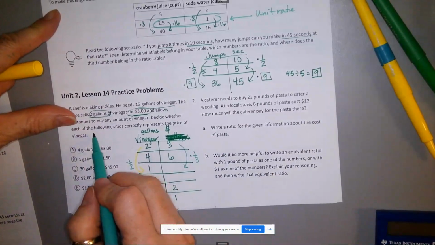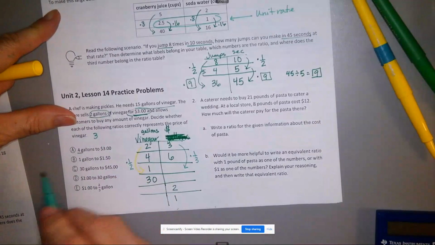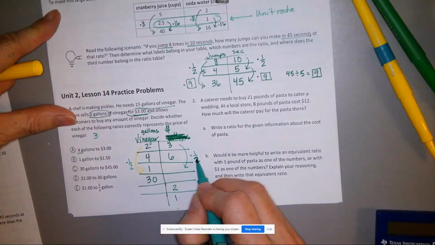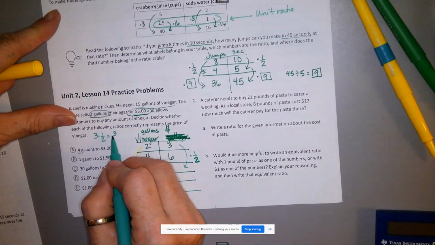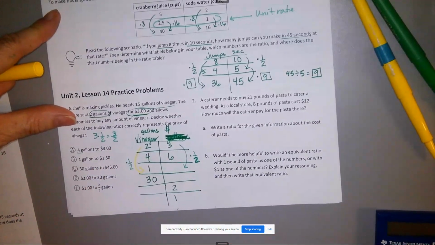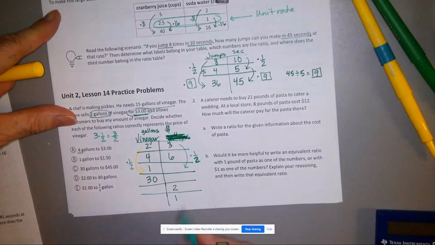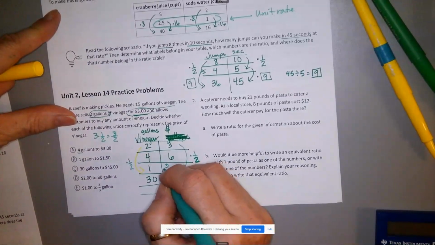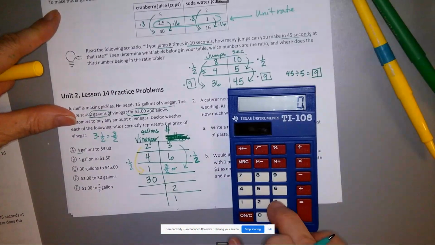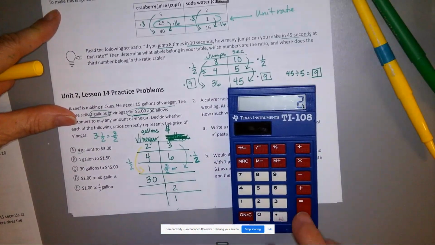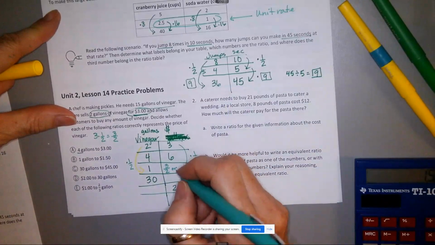I'll do this right here, right? 3. Check my writing, I wrote it wrong. 3 times 1/2 is 3 over 2. I could leave it as a fraction, or I could write it as a decimal. 3 over 2, and I'm going to say or, and that's when I'm going to grab my calculator. 3 divided by 2 equals $1.50.